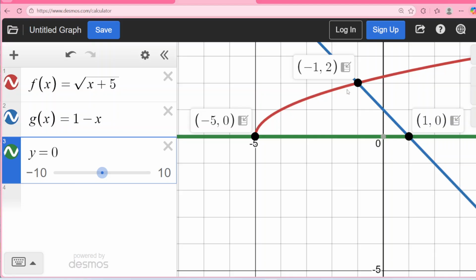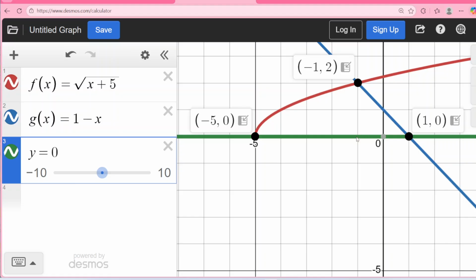But you see from -5 to -1, red's on top, green's on bottom. So it's just the area under the red curve to the x-axis, simple integral. And then from -1 to 1, you just have this triangle, right, with the blue on top, green on bottom.